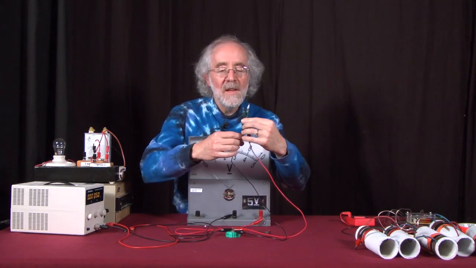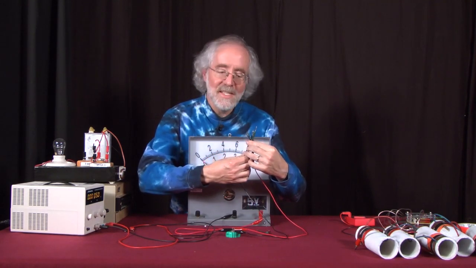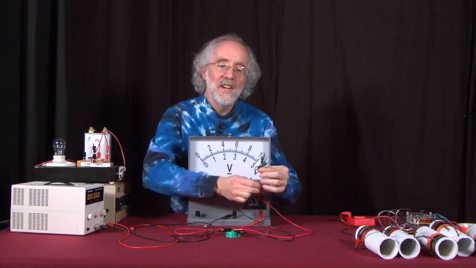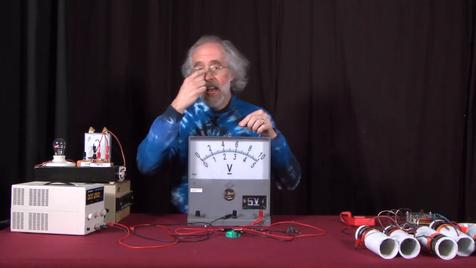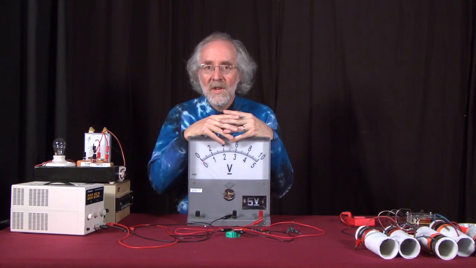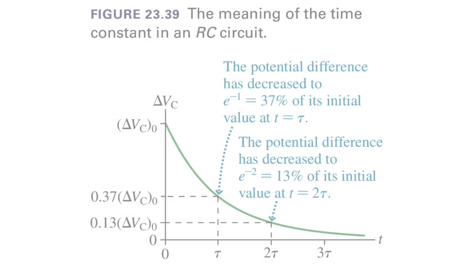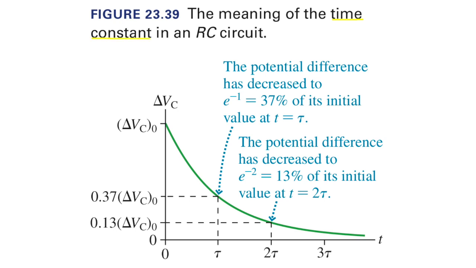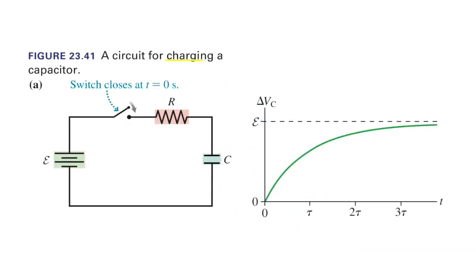So when I have a capacitor in a circuit, I have the capacity to do timing. By having more light bulbs, by having less resistance, I have a quicker discharge. And in fact, we can take a circuit that consists of a capacitor and a resistor, an RC circuit, and we can associate with it a time constant that is a measure of how long it takes the capacitor to discharge, or how long it takes the capacitor to charge.